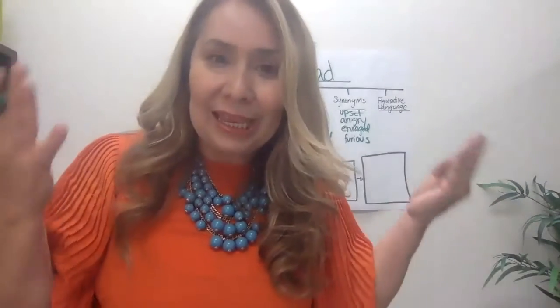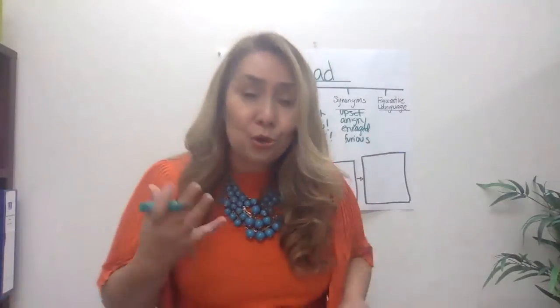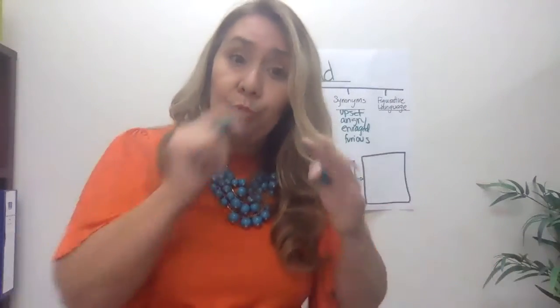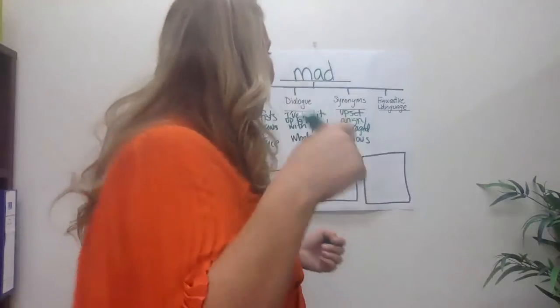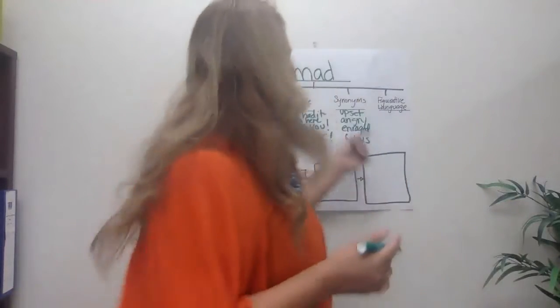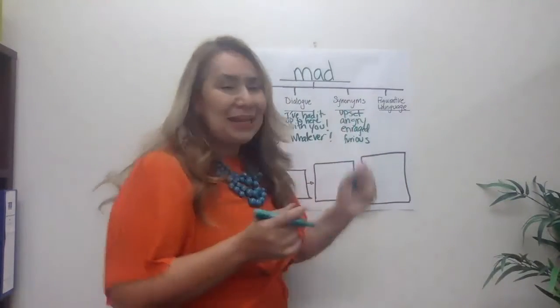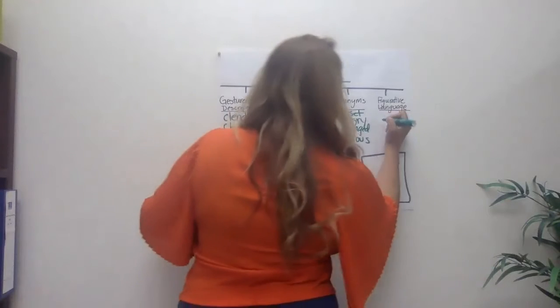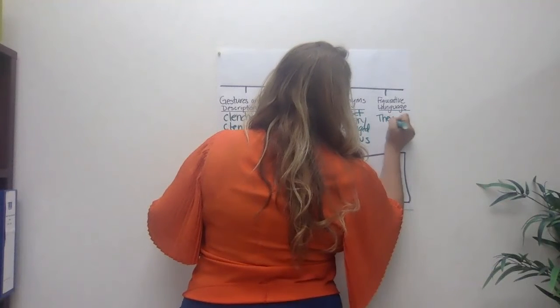Sometimes when we're looking at texts, when we're reading stories, we see that the author wrote about someone or something that made someone mad. Sometimes they use the word mad not to show this crazy. Another would say, oh my gosh, they are madly in love with each other.